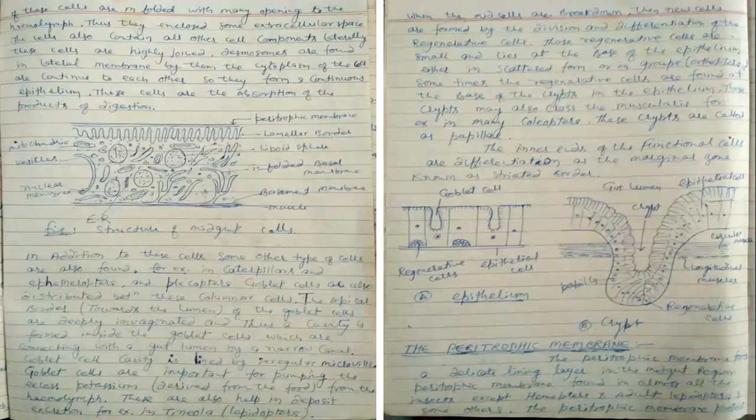These cells are for the absorption of the products of digestion. Here we see the peritrophic membrane, lamellar border, lipoid sphere, infolded basement membrane, and the muscles.